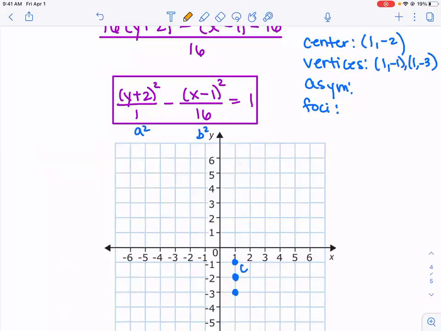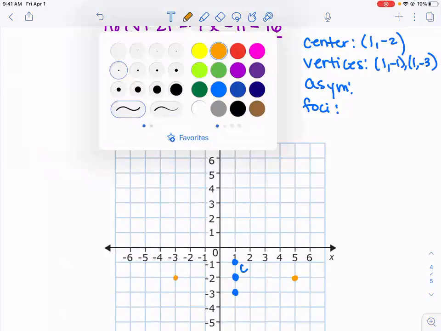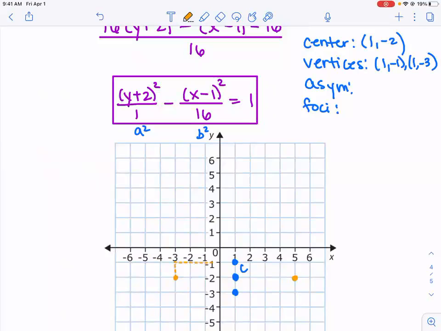Our b value is 4. And our b value is with x. So we're going to move horizontally 1, 2, 3, 4. 1, 2, 3, 4. Very lightly make those coordinates so that we can make a box with them.